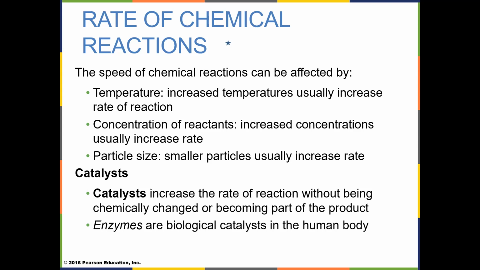We are dealing with very, very small concentrations, so we can't affect the rate of the reaction by adding more reactants. And we're already dealing with very, very tiny particles. So there's nothing we can do to increase the rate of a chemical reaction in our bodies.